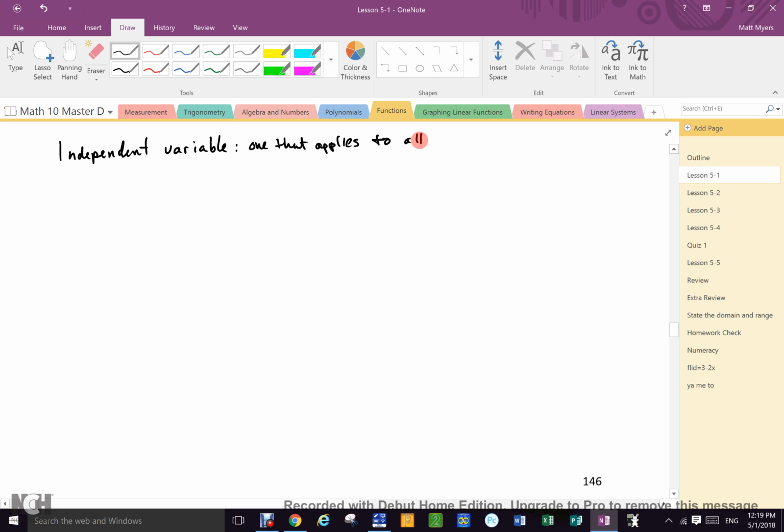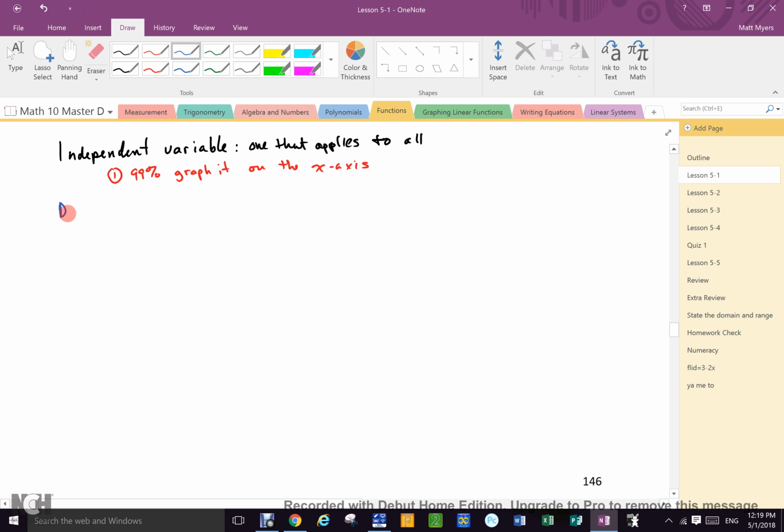Now there's some rules about the independent variable. 1, 99% of the time we graph it on the x-axis. Almost always. Okay? Everybody with me? Actually, that's really the only rule that needs to be talked about there.